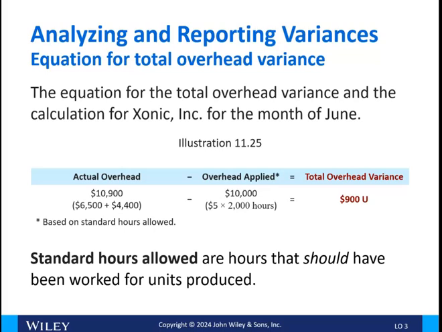We also say that that is an unapplied or underapplied overhead of 900. So the standard hours allowed are hours that should have been worked for units produced. So again, we're not taking in actual hours, we're just taking the actual overhead, and then the overhead applied is our hours times the rate.